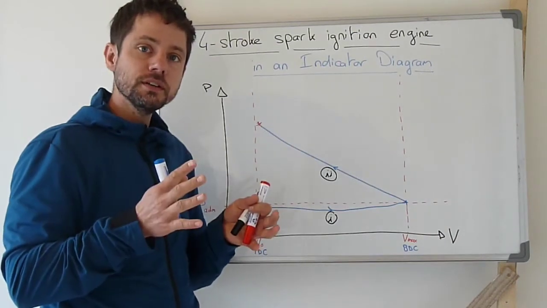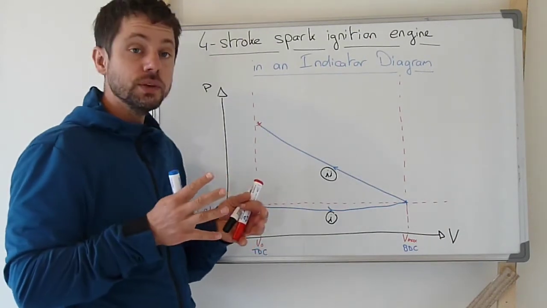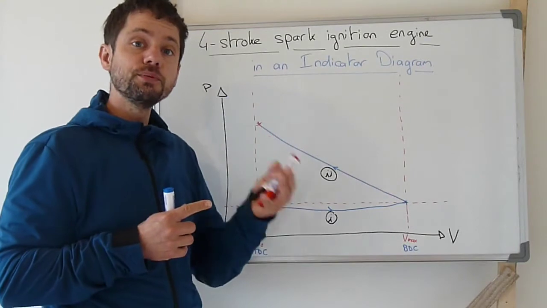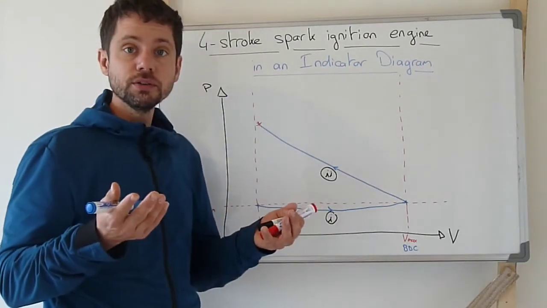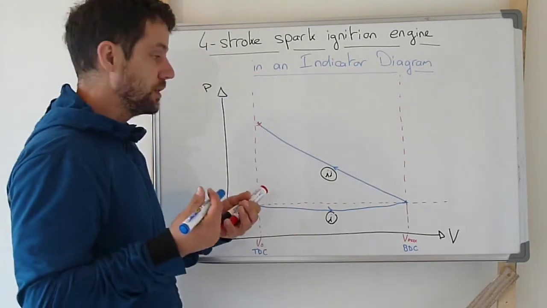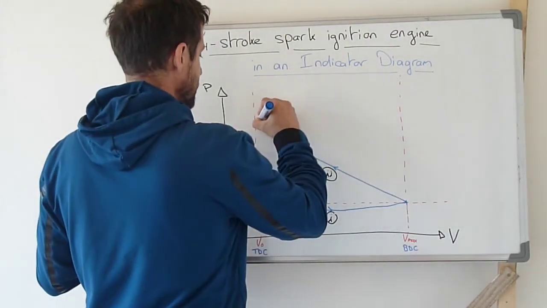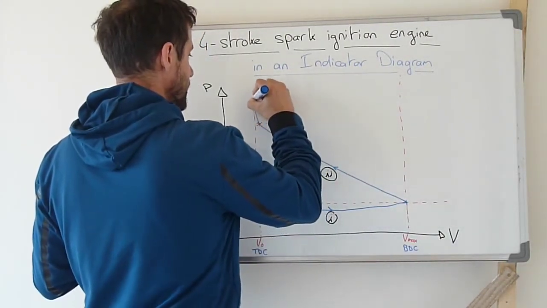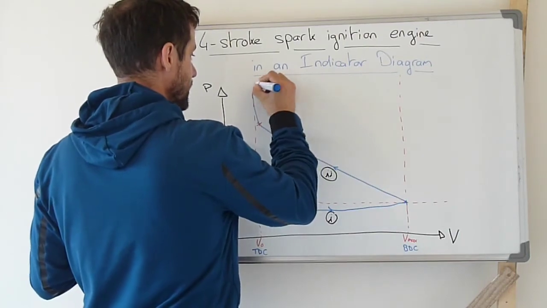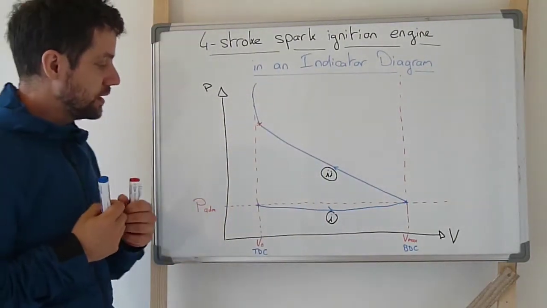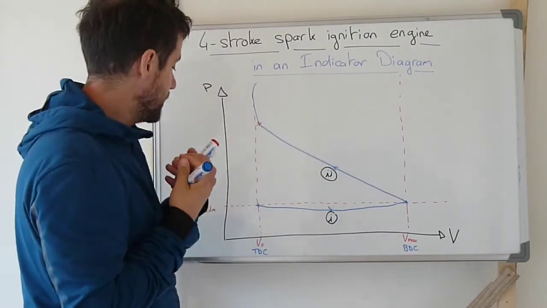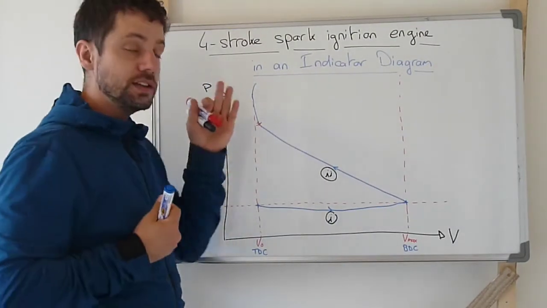The combustion tends to increase as well the pressure and the temperature due to the heat that is brought by combustion. So we have a sudden increase in pressure, and at the same time the piston continues moving a little bit. Combustion is very fast.